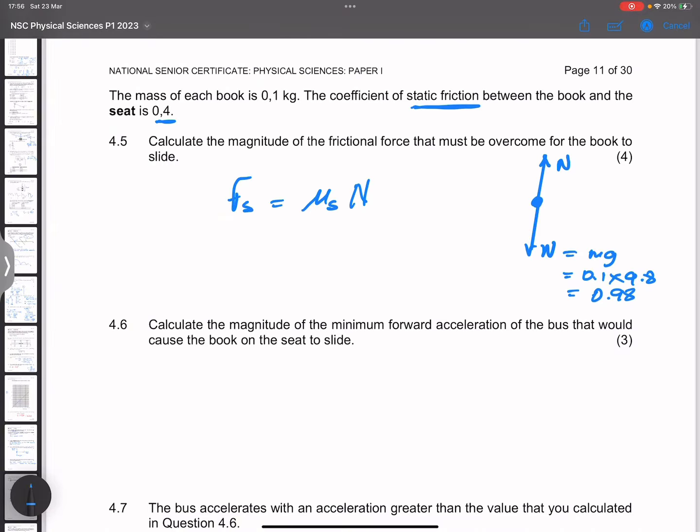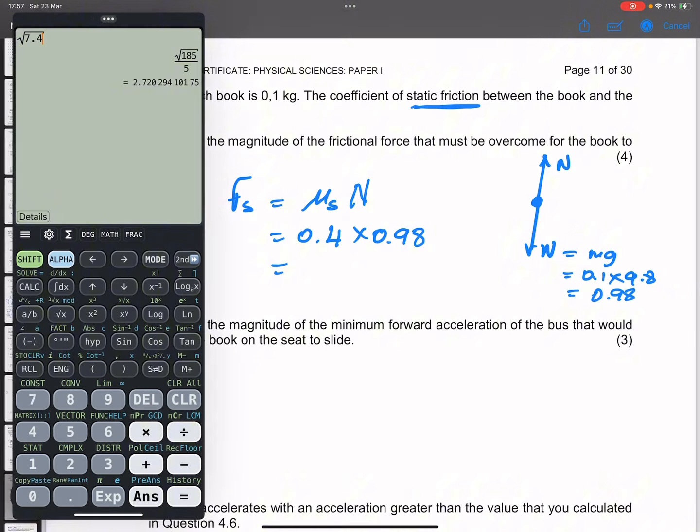And so the coefficient is 0.4 multiplied by the normal force, which is equal to the gravitational force, 0.98.